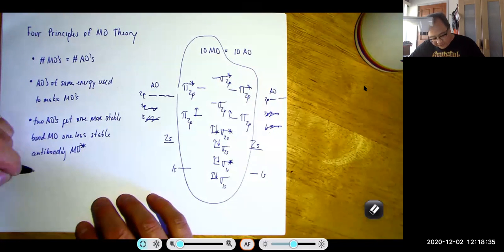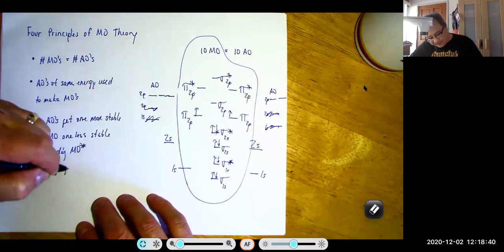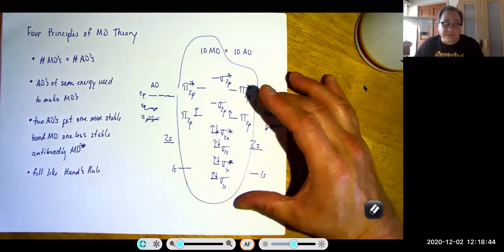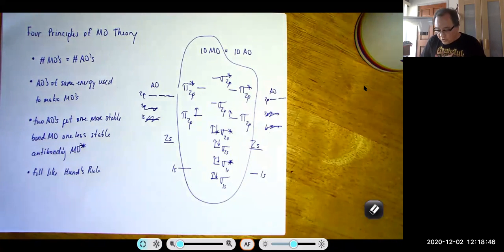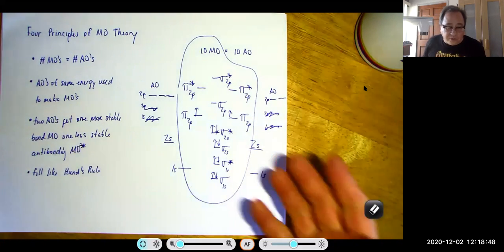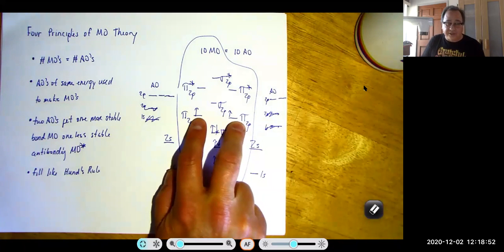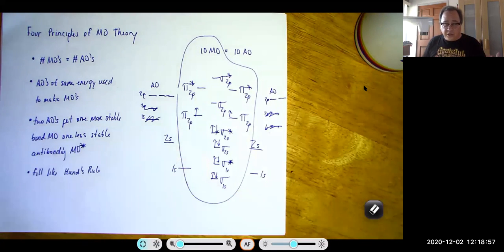And then you fill like Hund's rule. Technically, it's not called Hund's rule for this, but it is like Hund's rule, where you put the electrons in the more stable orbitals first, and if they have orbitals of the same stability, you split the electrons, 1 electron per orbital, before you pair them.